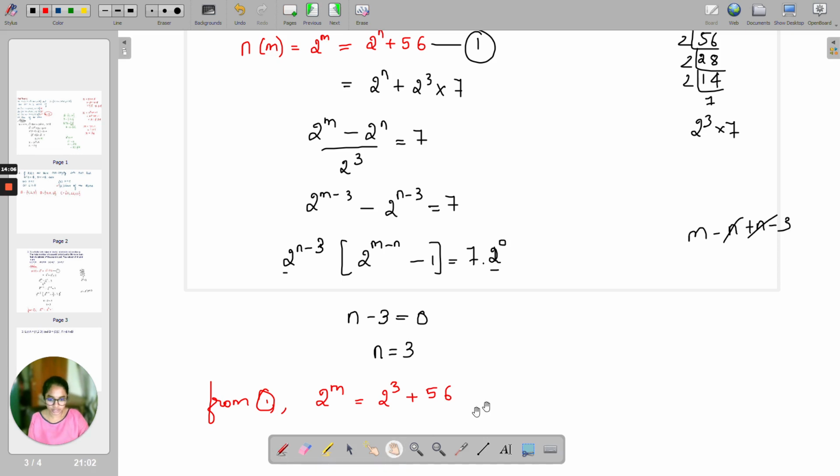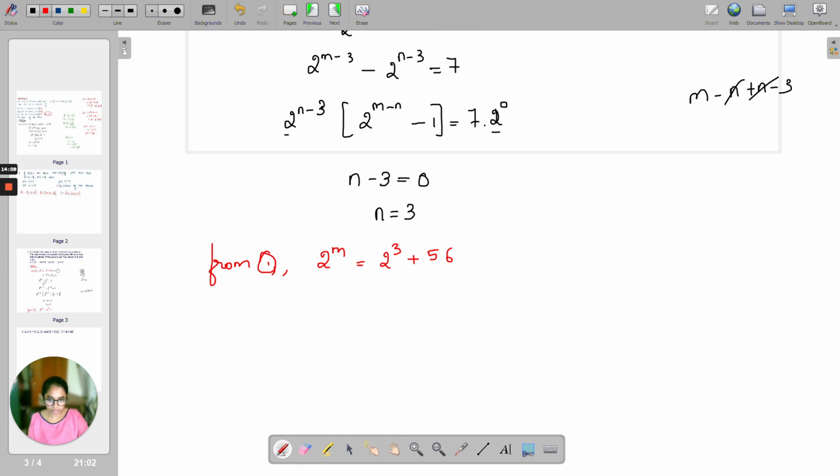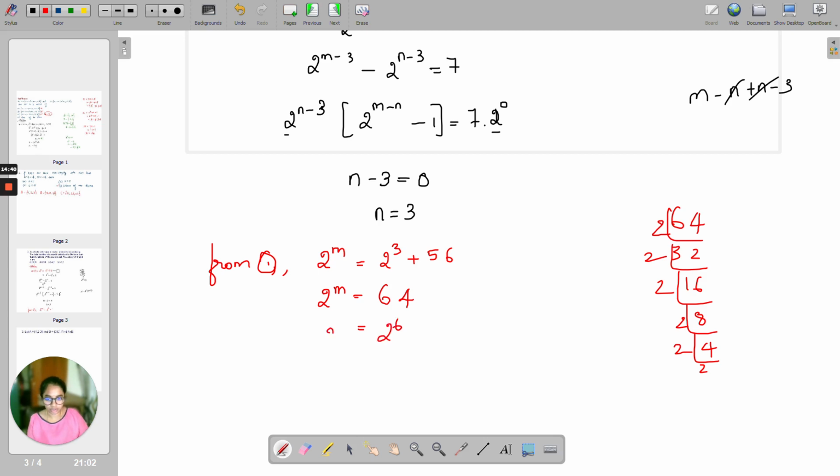What is 8 plus 56? 64, right? So again, divide 64 by 2 and can you tell me how much you would get? Yes, 32, 16, 8, 4, 2, right? So 1, 2, 3, 4, 5, 6. I can write this as 2 to the power 6. I have 2 power m over here. So the value of m is 6, right?